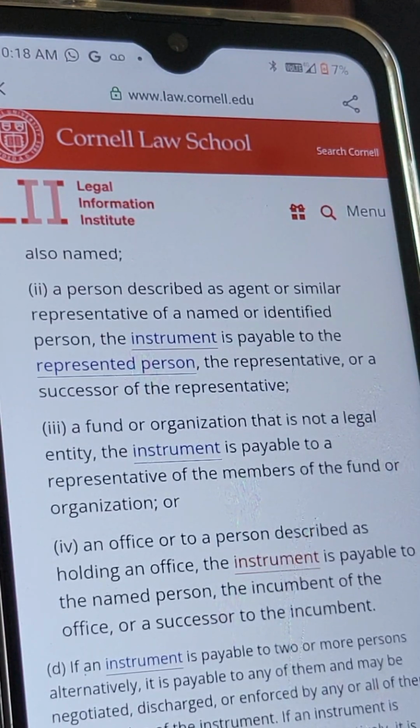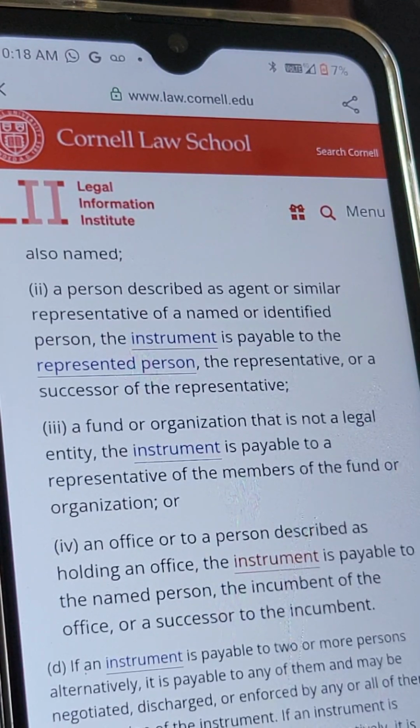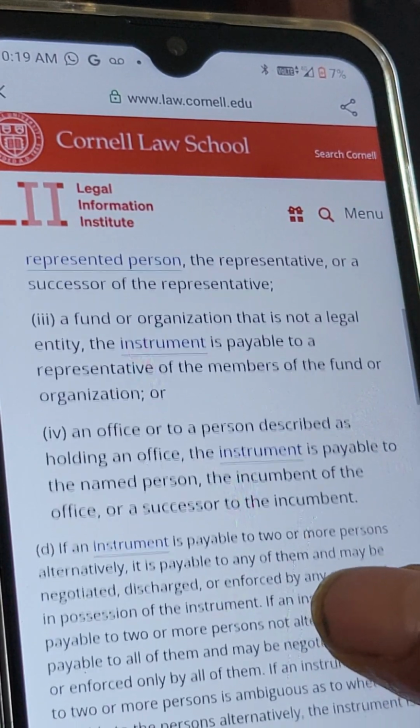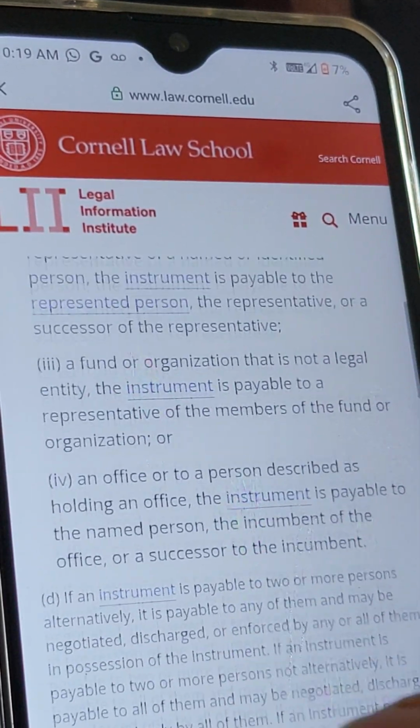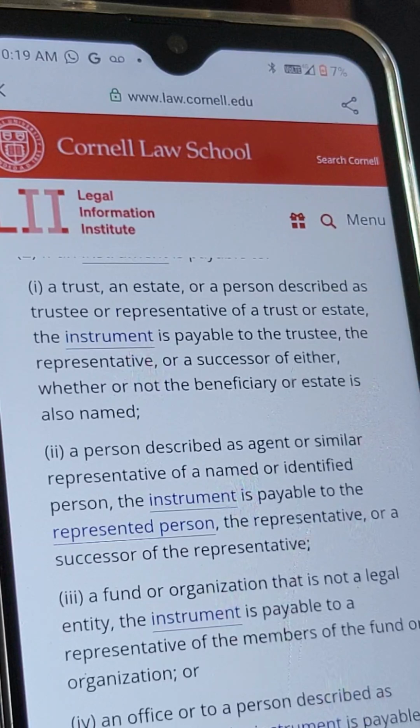Or an office, or a person described as holder and as holding an office: the instrument is payable to the named person, the incumbent of the office or the successor to the incumbent. And I think that's where we have to go.